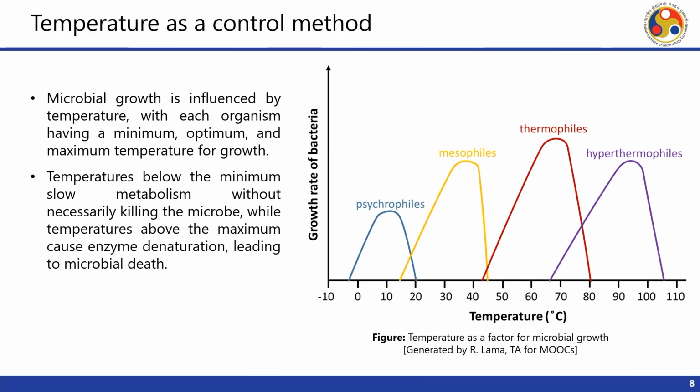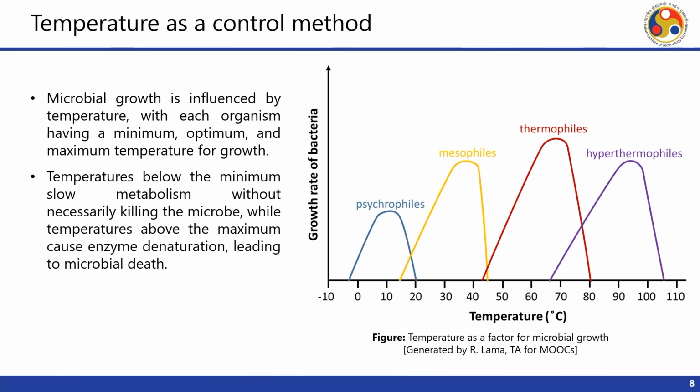Then you have the mesophiles which grow from around 15 to 45 degrees centigrade. Then you have the thermophiles which can grow above 40 degrees and up to 80 degrees, and then you have the hyperthermophiles which grow from around 65 to over 100 degrees centigrade.